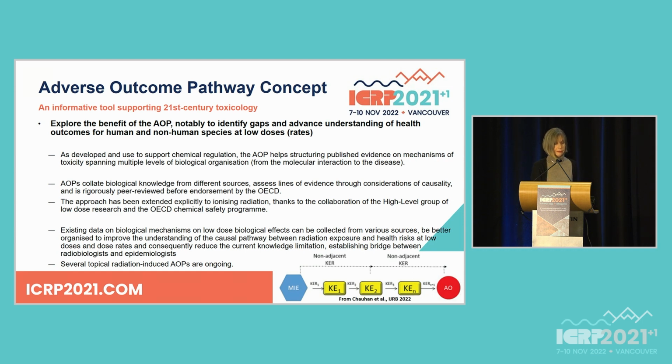That way we can collect all the sources of information, be better organized to improve the understanding of the causal pathways between radiation exposure and risk, and consistently reduce the current knowledge limitation, establishing a bridge between radiobiologists and epidemiologists. And there are several examples of ongoing radiation-induced AOPs under development.